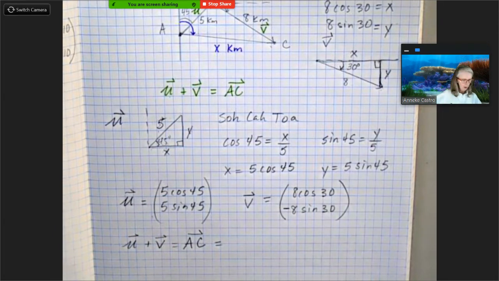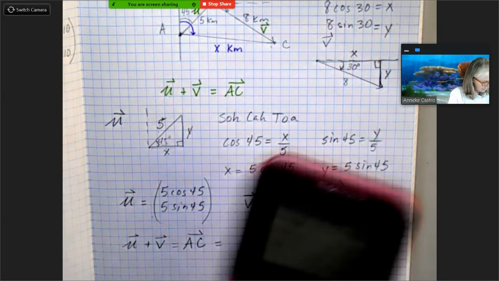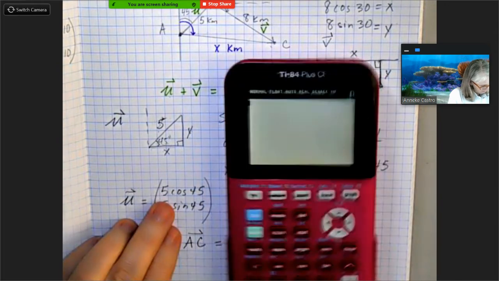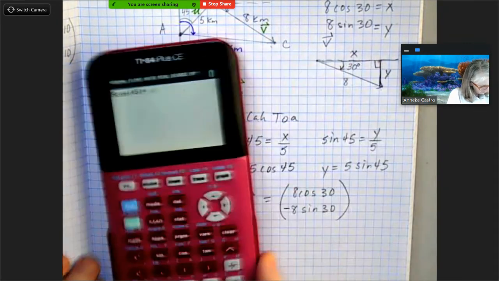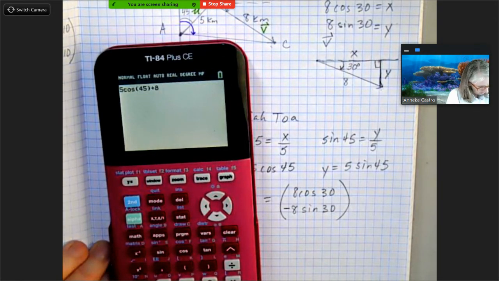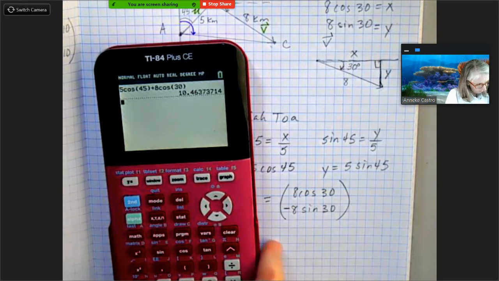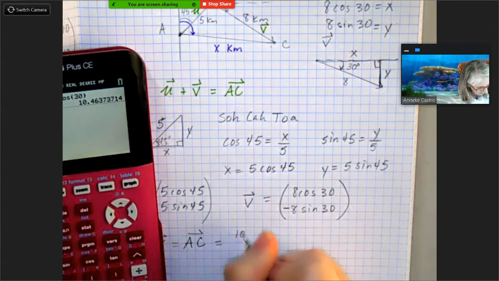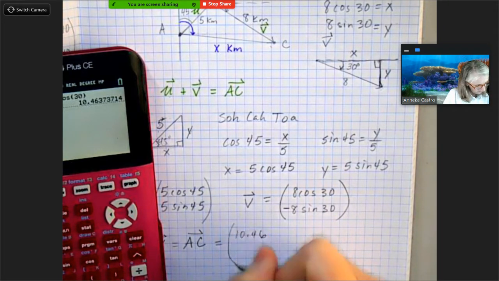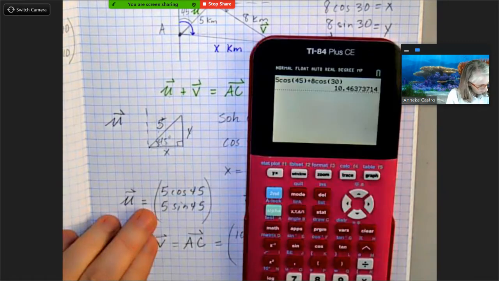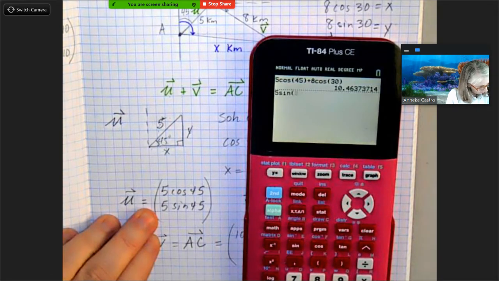Now here's where I could grab my calculator and go ahead and just put these in. So I'm going to have 5 cosine 45 plus 8 cosine 30, and I get 10.46. Okay, that's my x component, and then my y component, 5 sine 45.